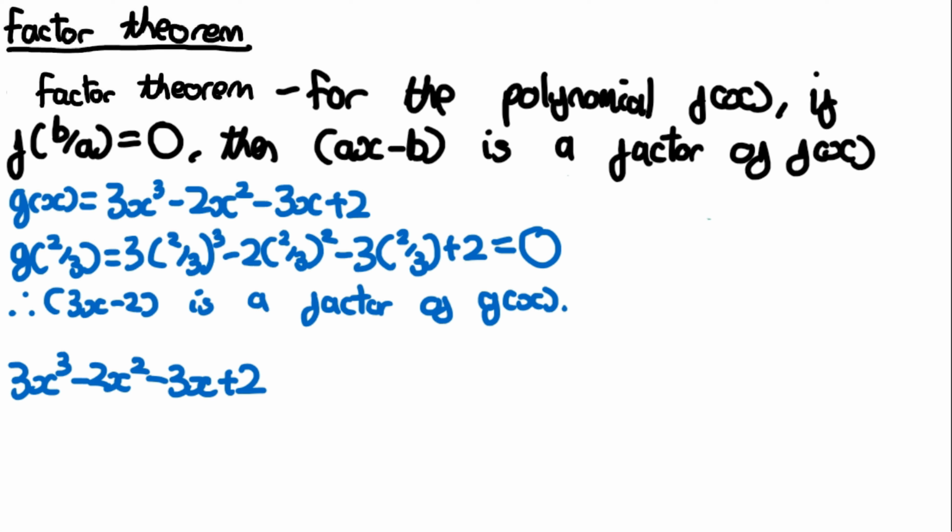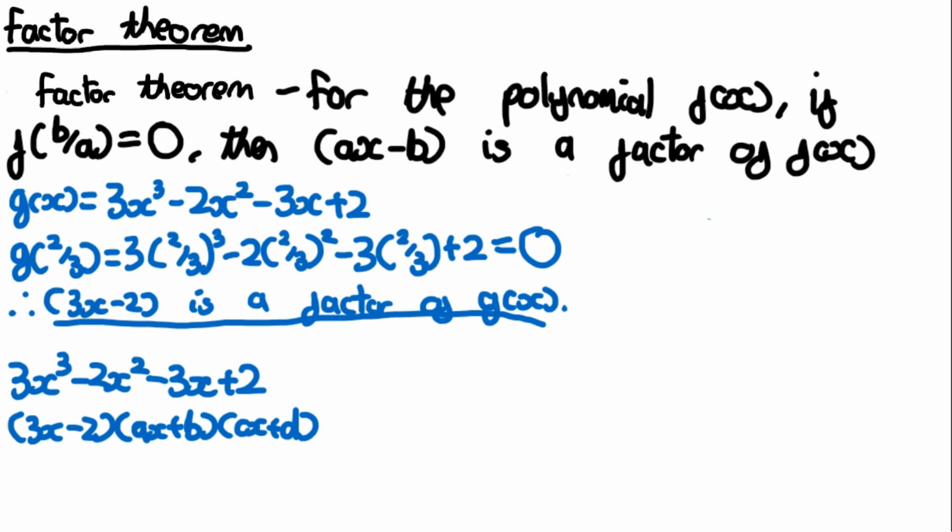If we fully factorise g of x, because we know that 3x minus 2 is a factor of g of x, it is going to be 3x minus 2, and then because it's a cubic, there's going to be two other brackets. We're just going to call these ax plus b and cx plus d, because we don't know what these are, but we know that one of the brackets is going to be 3x minus 2, because we figured out before that 3x minus 2 is one of the factors of g of x.